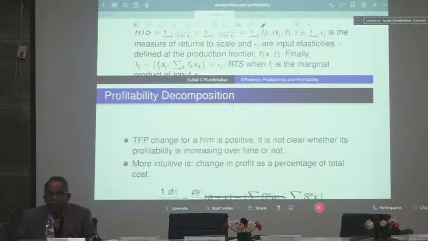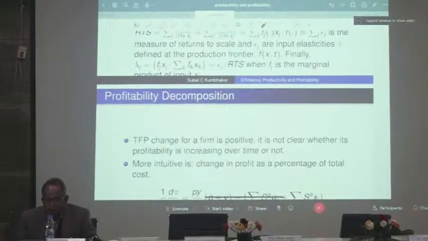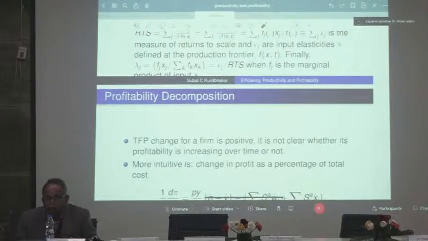Let's start. We were talking about productivity decomposition, and we finished showing the different components. Now again, for easy interpretation, I told you that it's better to think in terms of profit.